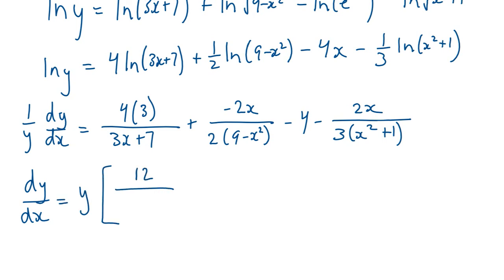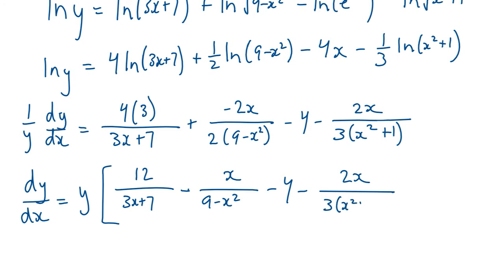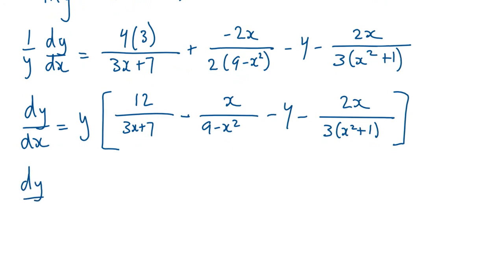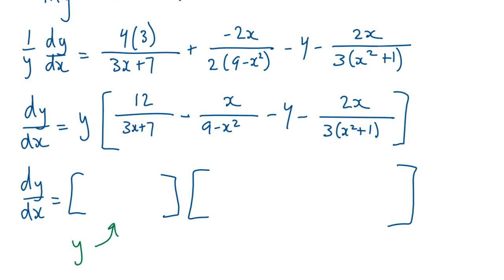So that's 12 over (3x plus 7) minus the 2's simplify, minus 4, minus this one does not simplify, and then leaving in explicit form. I'm actually gonna just quit here and not rewrite this again, but that would be y, and that would be the thing above it. So y would be in that bracket, and this thing would be in that bracket, right?